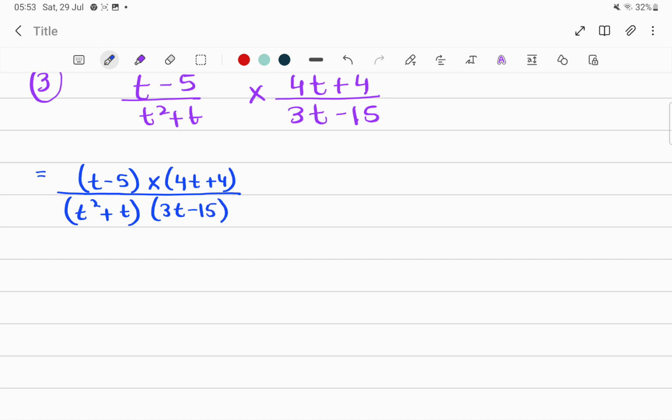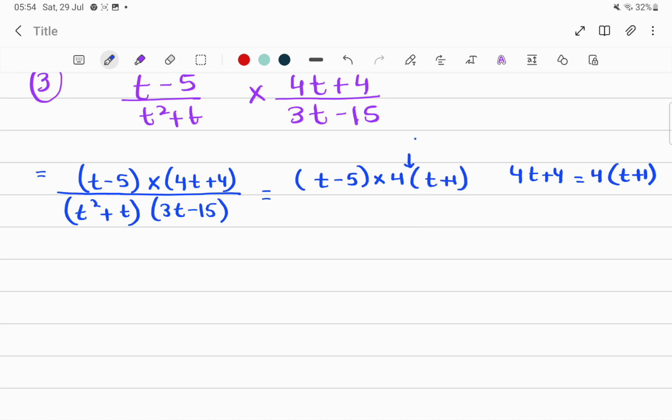Now here it is not simple a times b over c square, but here we have expressions. First expression, t minus 5, is the most simplified. But if you see 4t plus 4, I can see 4 is common. So I can make it simple as t minus 5 times 4 times t plus 1.